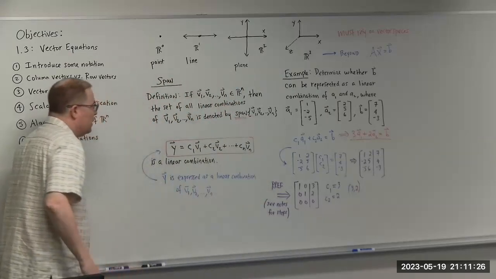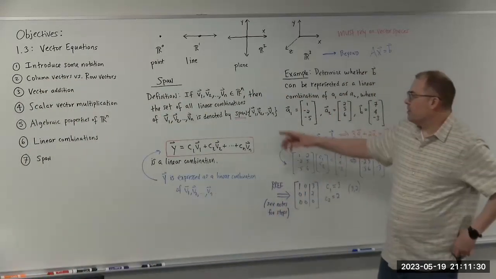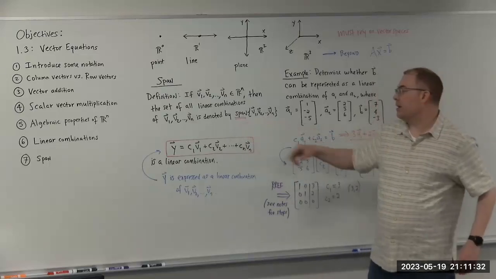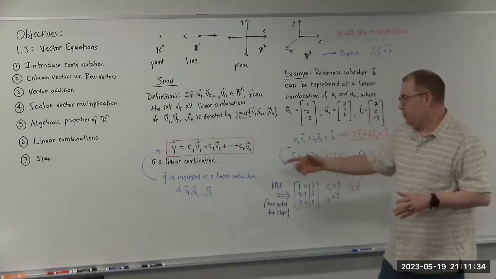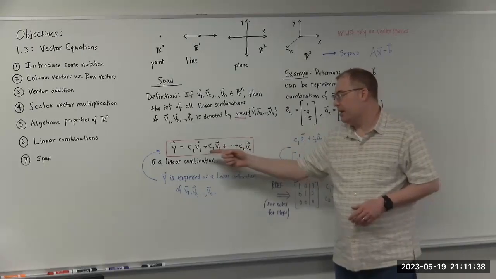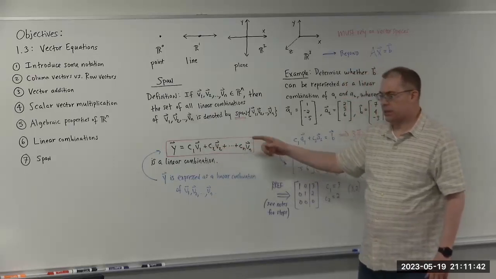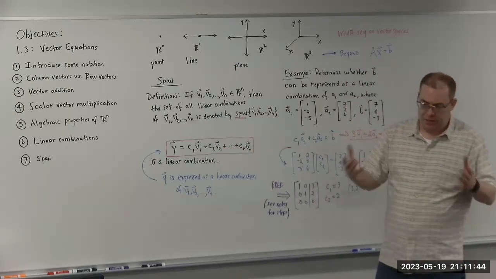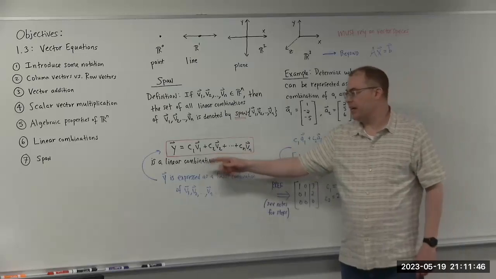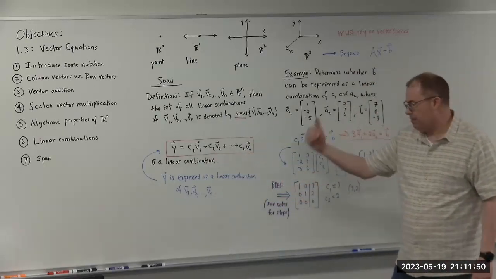Okay, let me elaborate on this. So this is connected to this idea. If we say that y is in the span of v1, v2, v sub n, that just means that vector y can be written as a linear combination of v1, v2, v sub n.